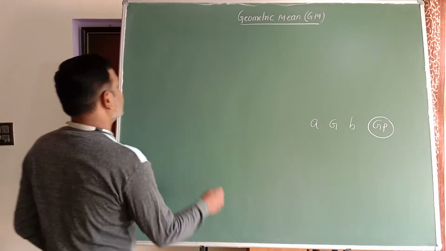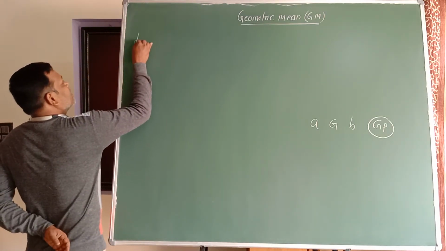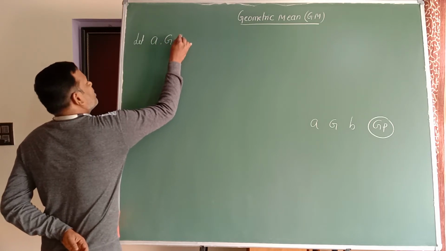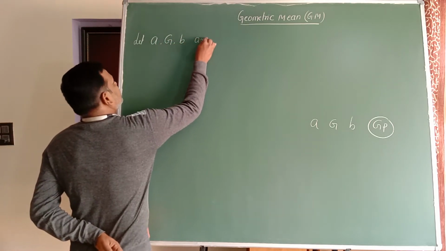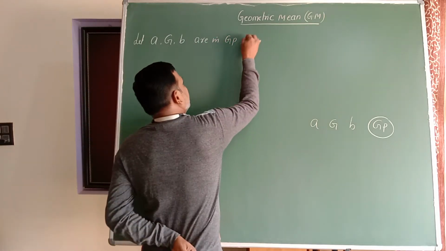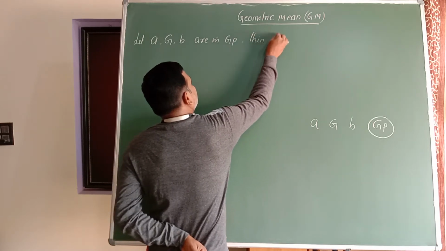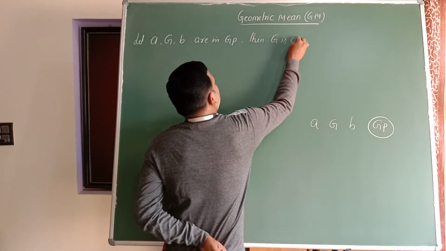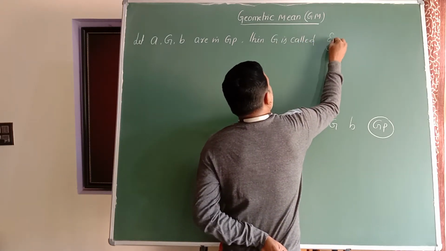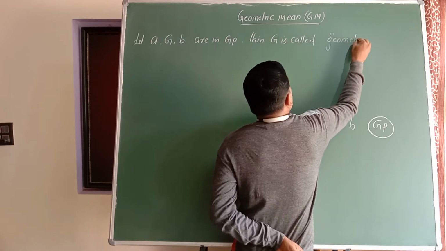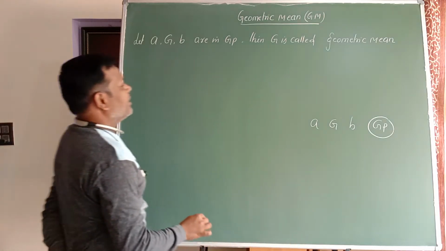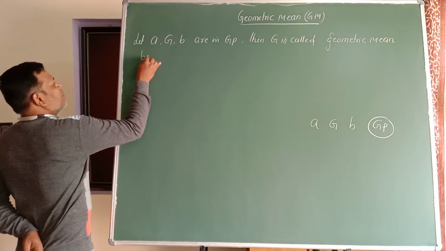How do things go here? Let small a, capital G, small b be in GP. Then what is the middle term? The middle term is G. Then G is called the geometric mean between the two numbers.